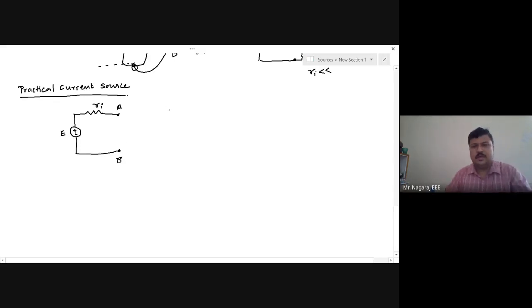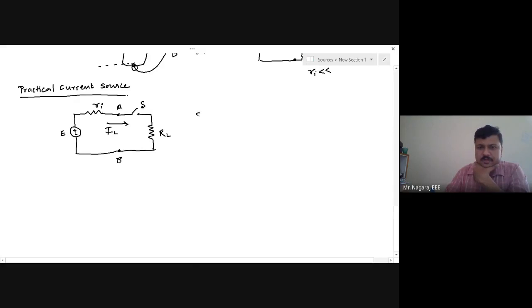Now, instead of directly connecting the load resistance to this, I will use a switch S to connect a load to this voltage source. Now what happens? What is the current when S is open? Let me take this as load current IL.